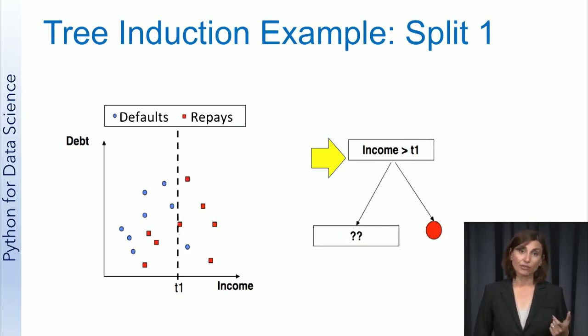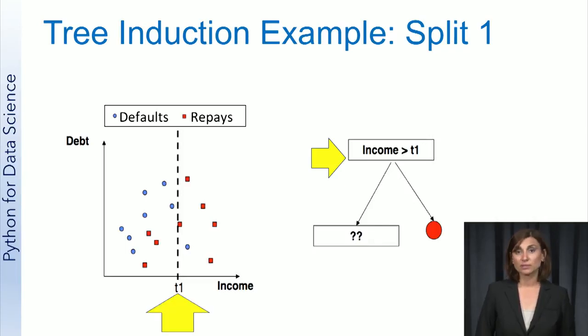Let's say we want to classify loan applicants as being likely to repay a loan or not likely to repay a loan based on their income and amount of debt they have. Building a decision tree for this classification problem could proceed as follows. Consider the input space of this problem as shown in the left figure.